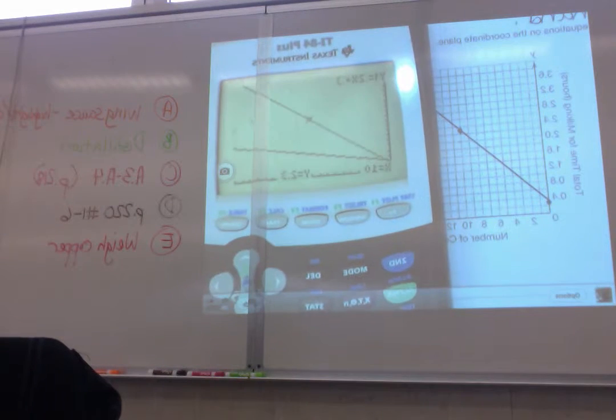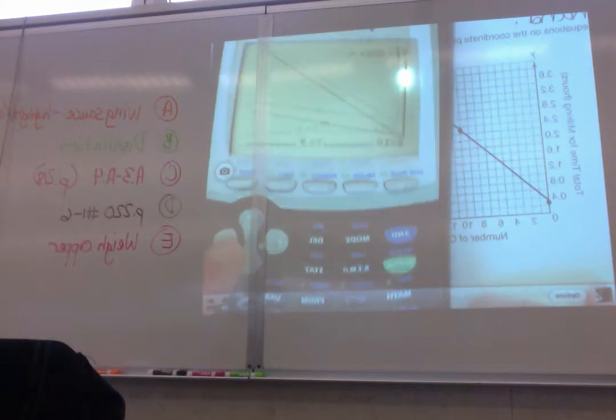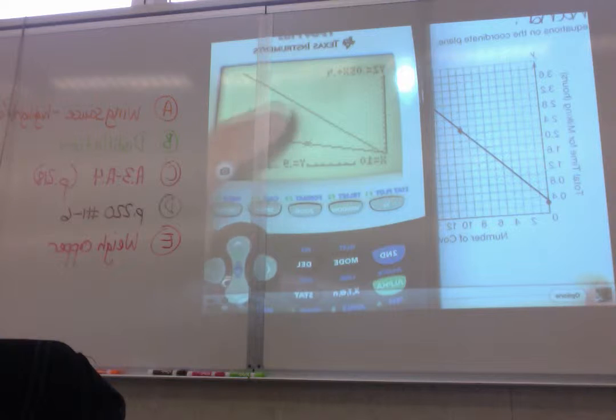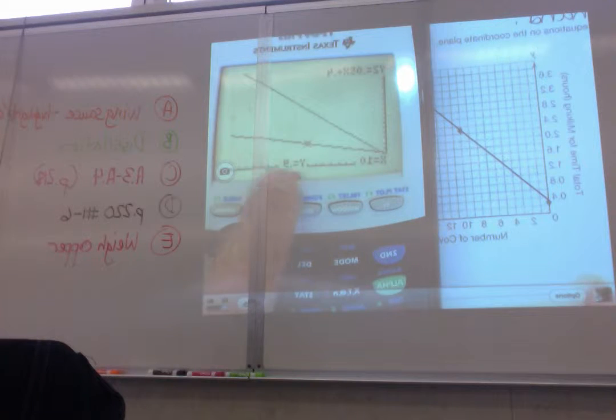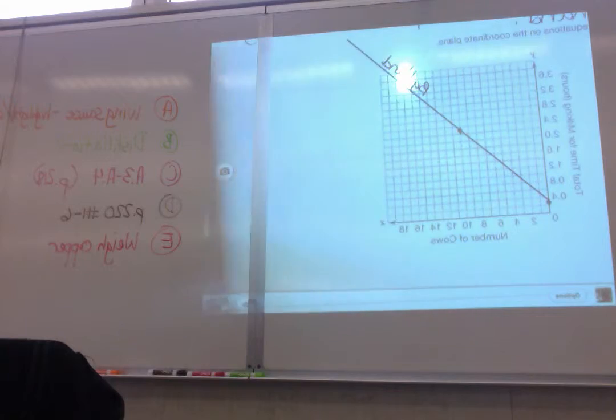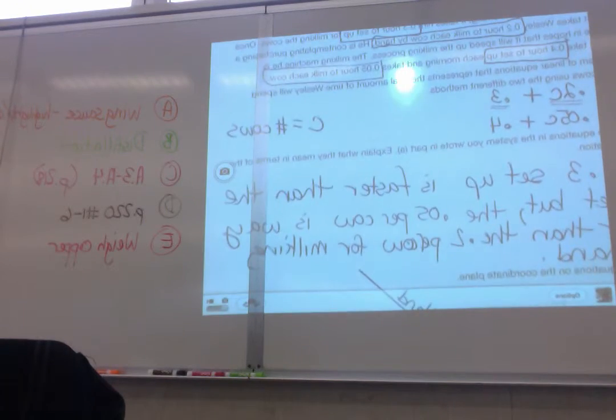Now I am going to use the down arrow, I think. Awesome. So I pushed the down arrow on my calculator and it dropped the cursor straight down. It still has x of 10, but now it has a different y value. That's going to be the other graph. I go back, though, to the equation.